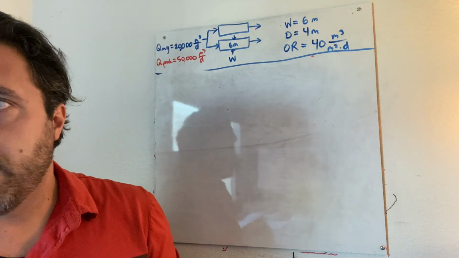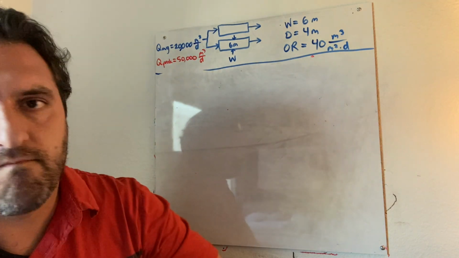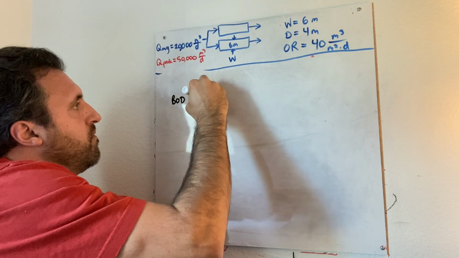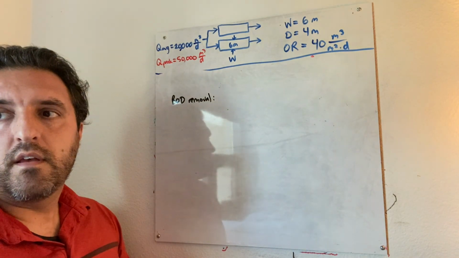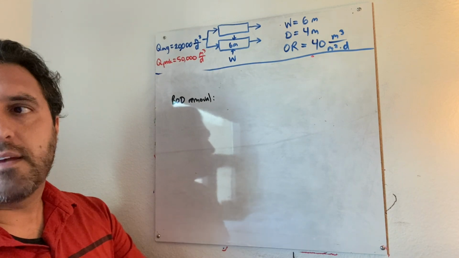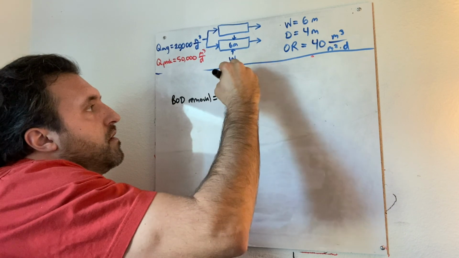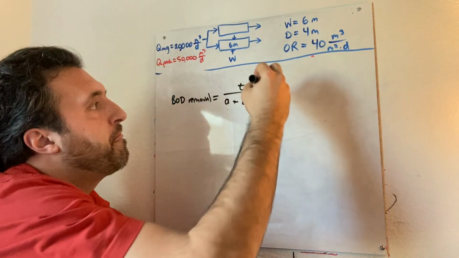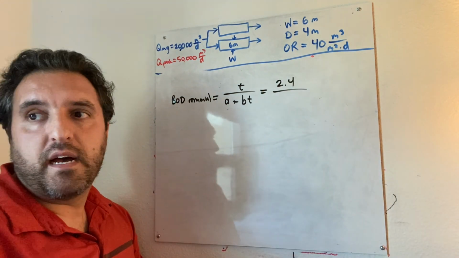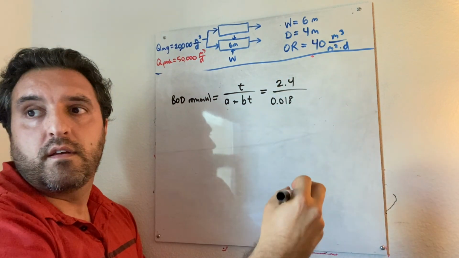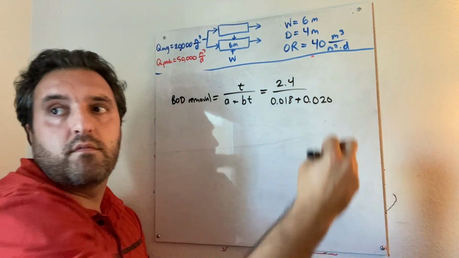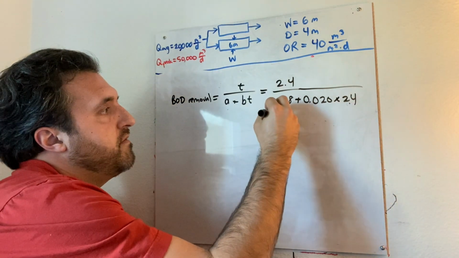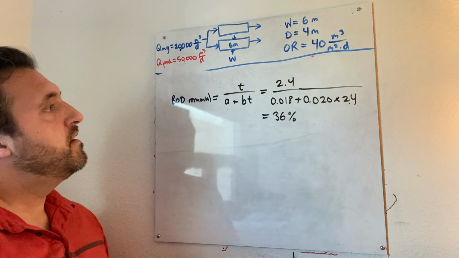All right, so under average flow conditions, we can estimate removal using the equation based on the detention time: removal equals detention time divided by A plus B times T. So that's equal to 2.4 divided by 0.018 plus 0.020 times 2.4, which gives us a value of 36% for TSS removal.